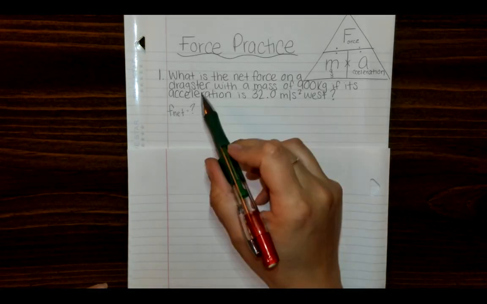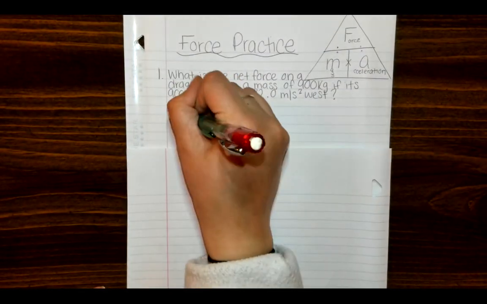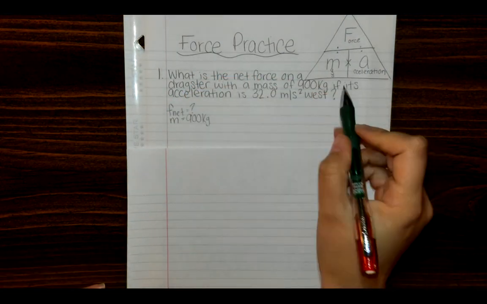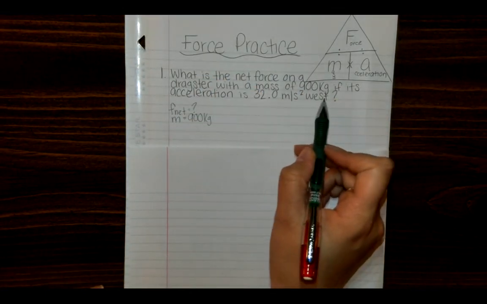Then it says, on a dragster with a mass of 900 kilograms. So now we know our mass, or our M, and that is 900 kilograms. And the last thing it says, if its acceleration is 32 meters per second squared west.